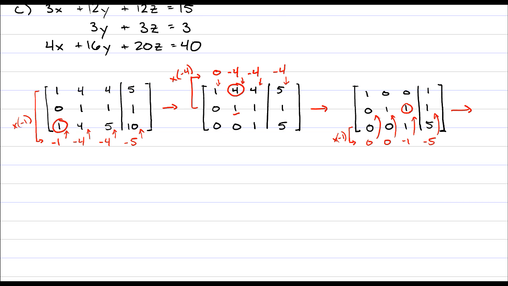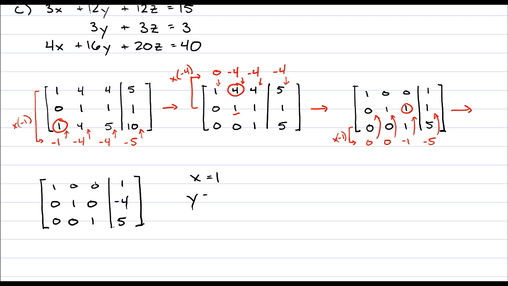And that leaves me with my final matrix, which will be 1, 0, 0, 1, 0, 1, 0, minus 4, 0, 0, 1, 5. And so my final answer is x equals 1, y equals minus 4, and z equals 5.